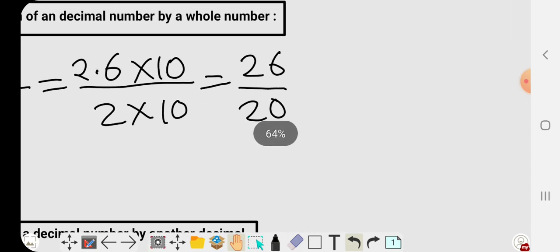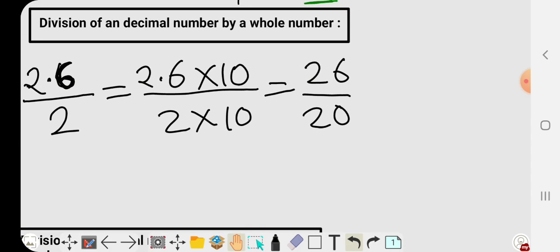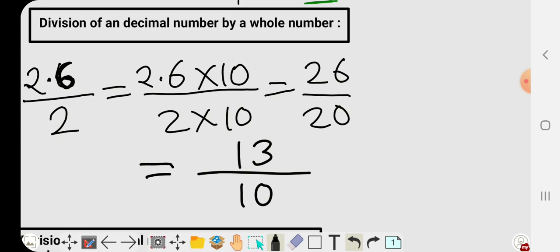You can see here how we divide 26 by 20. You can minimize it also. See, both these are divisible by 2. 2 1s are 2, 2 3s are 6 and 2 10s are 20. 13 upon 10 is 1.3. It's very simple.